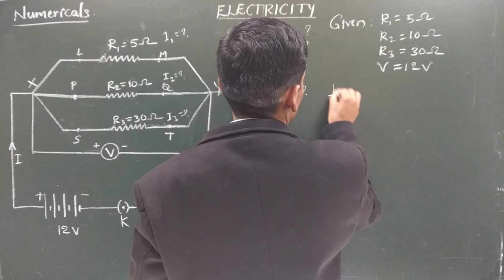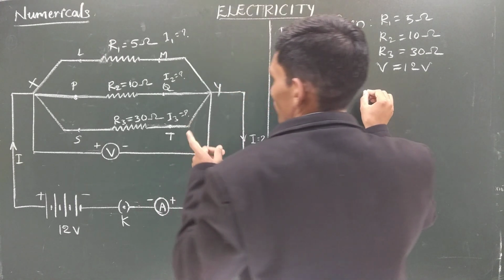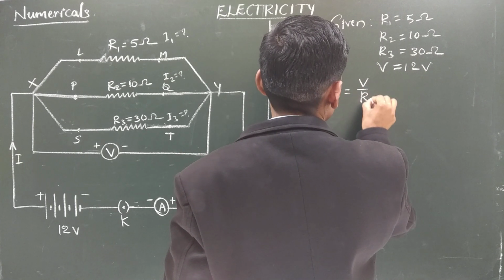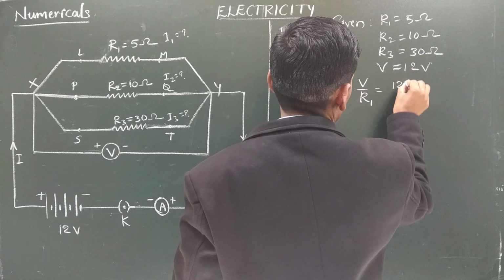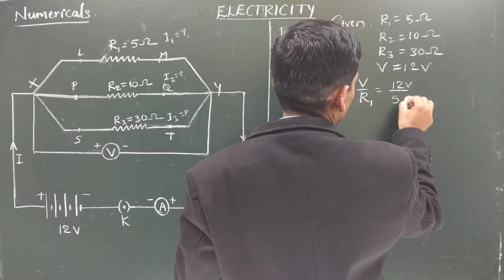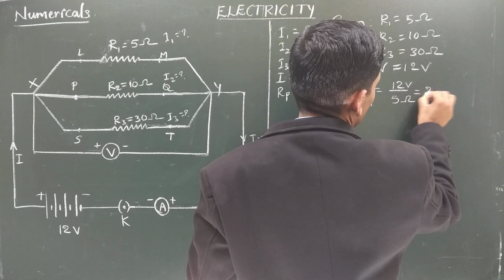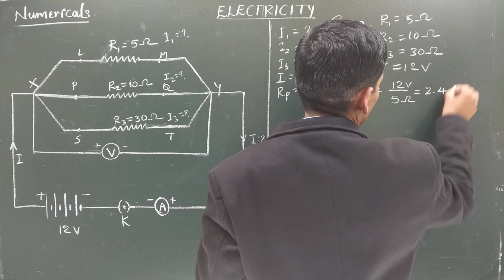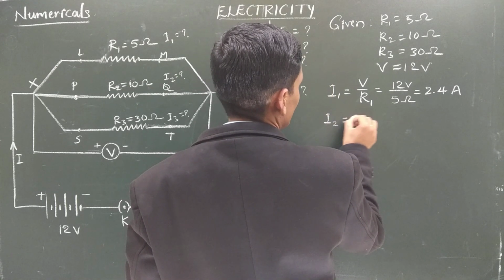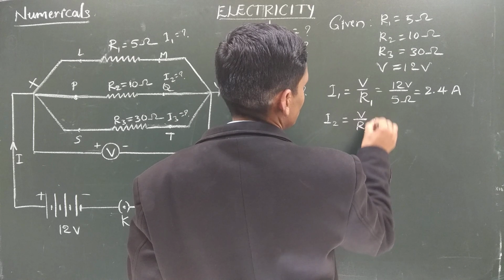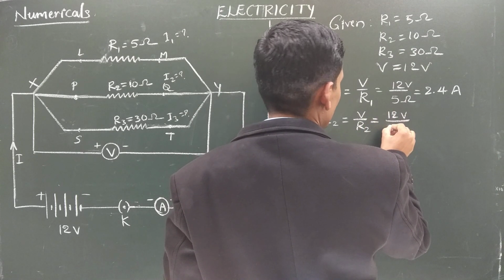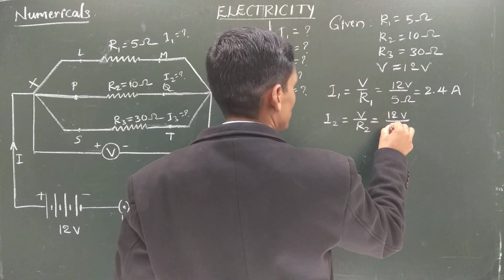So how much do we get here? I1 will be equal to, according to Ohm's law, V by R1. V is 12 volt, R1 is 5 ohm. After dividing, we get 2.4 ampere. Next, I2 is V by R2: V is 12 volt, divided by R2, which is 10 ohm.